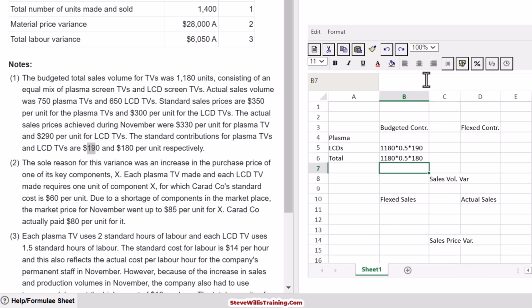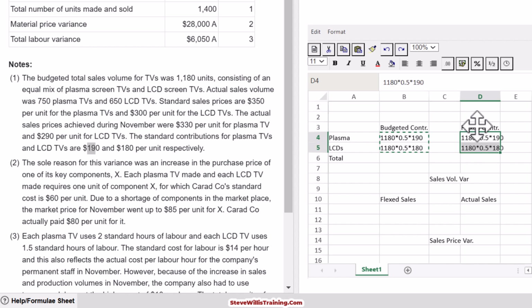Team, again, for this demo, I'm going to leave these numbers without the equal sign so you can see what we're doing here. And I put it in the wrong place, as you saw. Now it's fixed. Okay. Now the flexed contribution, we've got to get the actual units multiplied by the standard contribution per unit. So look at that. I'm just going to change out this part.